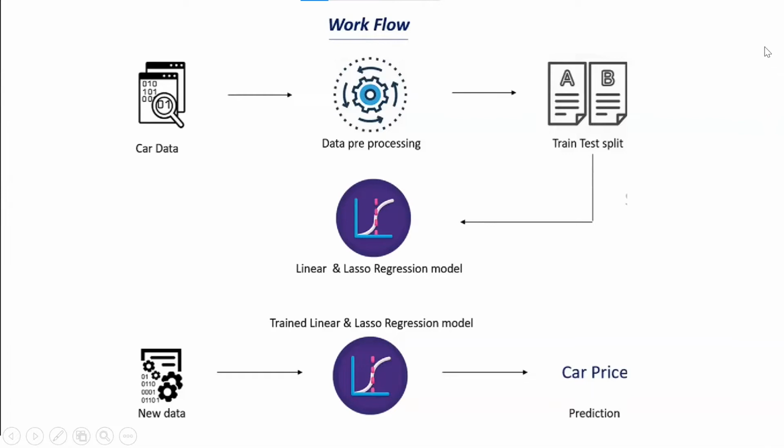First one is linear regression, and then we will use the LASSO regression model. And we will compare the accuracy score or error percentage of the models and see which model performs better for the particular dataset. This is a regression problem because we are predicting a particular value at which the car can be sold. Let's get into the coding part.